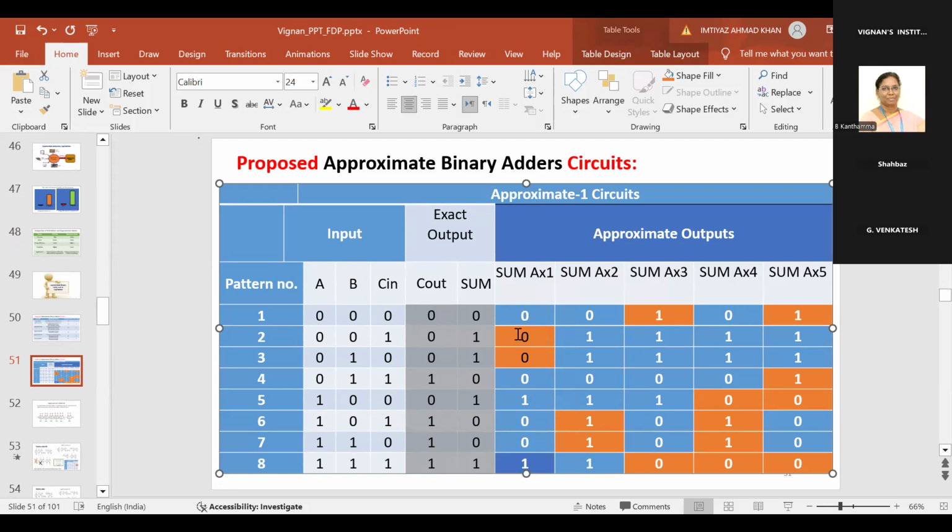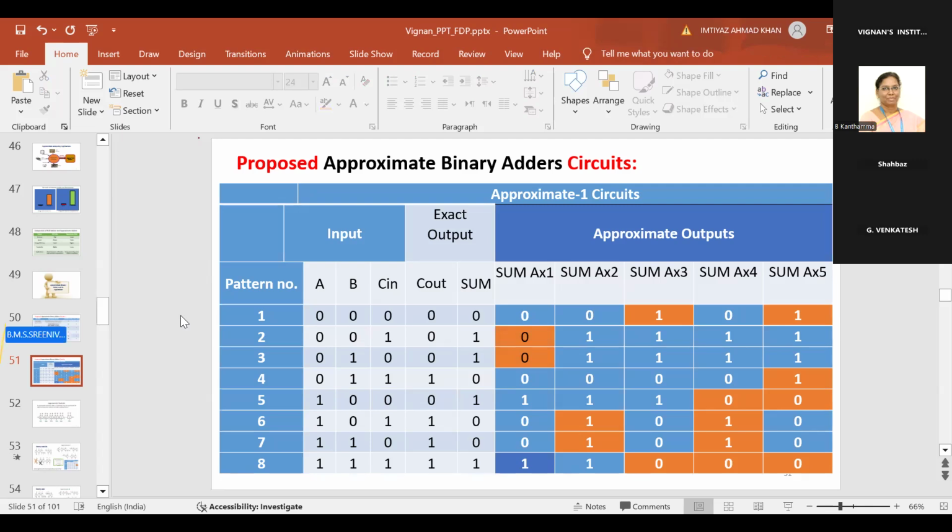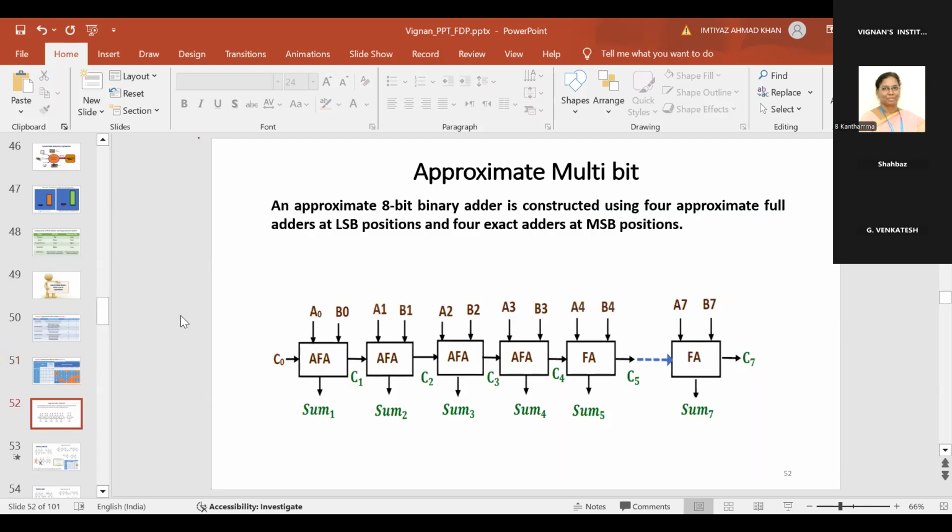Then some of your outputs will have wrong values. I will explain the approximate one in the next slide. Two wrong values, two wrong values, one, two, four, and four wrong values. Why? Because your power consumption will be low and speed will be high. That's the reason I have removed some portion of the original circuit, for use in error tolerant applications and image processing applications.